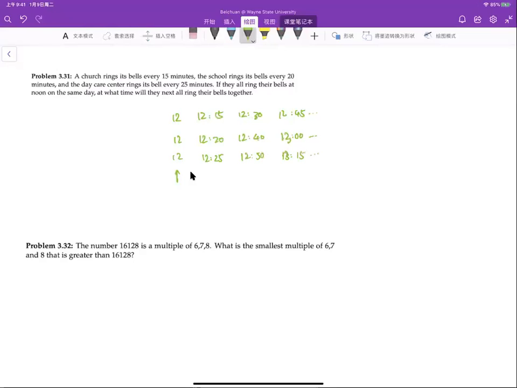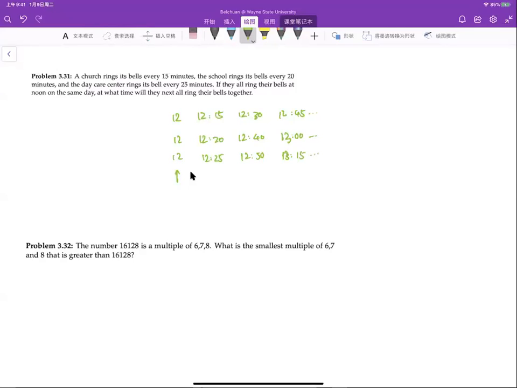So basically we're looking for the least common multiple of the three gaps, right? The three times. And then you just add that time to 12, then that will be the next time they all ring the bells together.